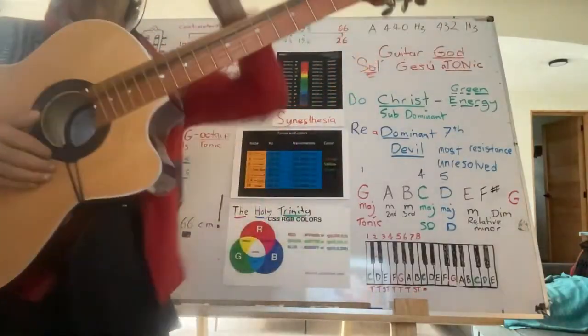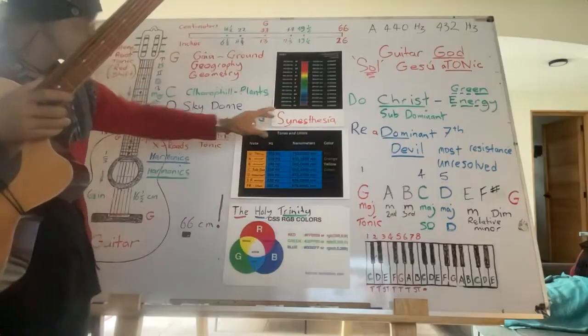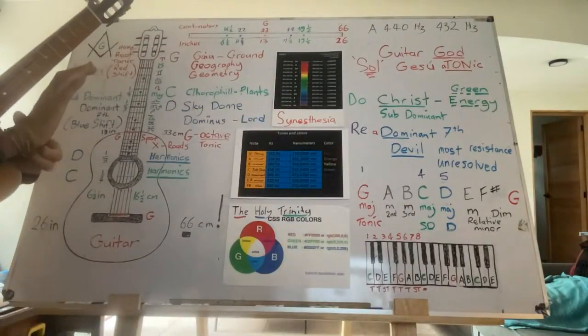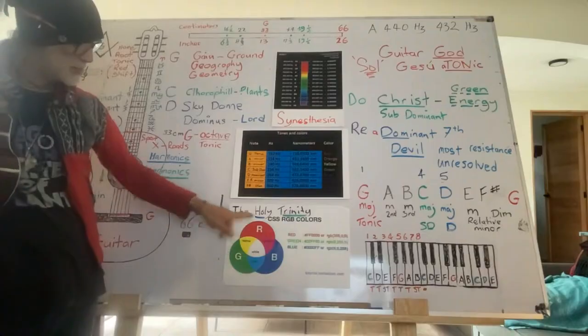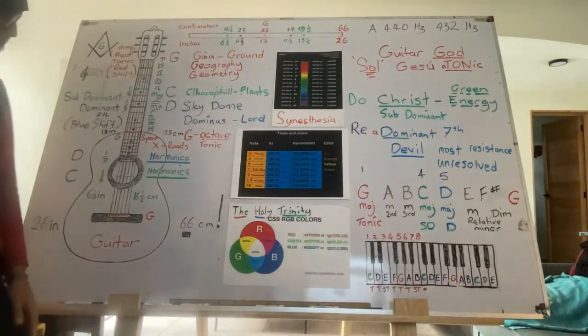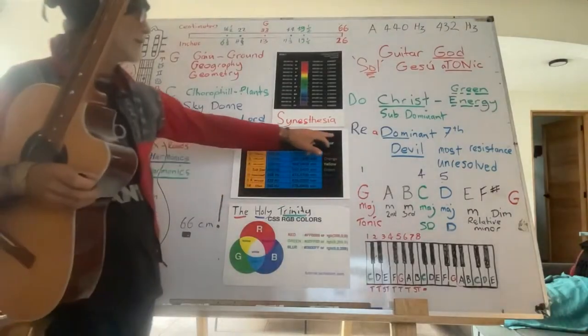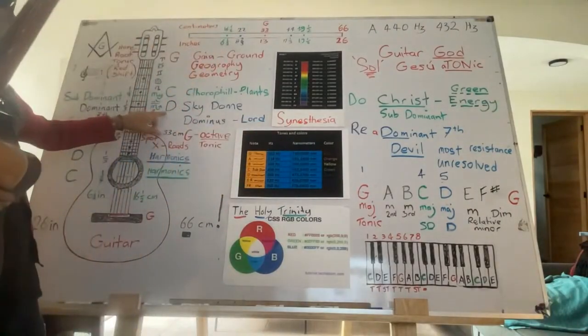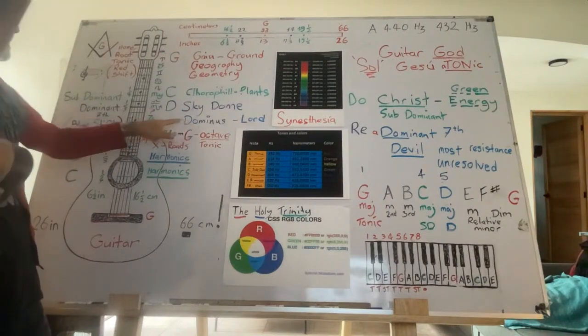I mean, I could add a million things here, a million syncretisms. But basically, by the way, this is the Holy Trinity, guys, RGB. It's the Holy Trinity. And D is the dome and dominus, the dominant.